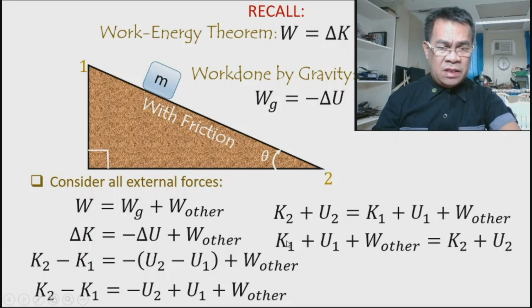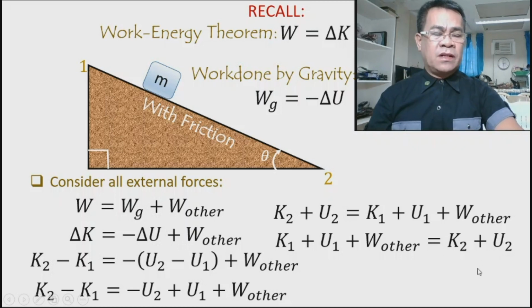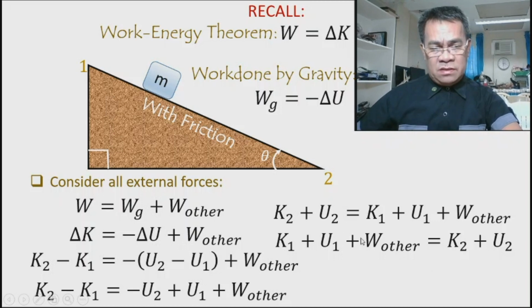This is the kinetic energy initial plus potential energy initial plus work done by the other, equivalent to the final kinetic energy plus the gravitational potential energy. So K1 plus U1 plus work done by the other is just the total energy at point 1, while K2 plus U2 is the total energy at the final point.